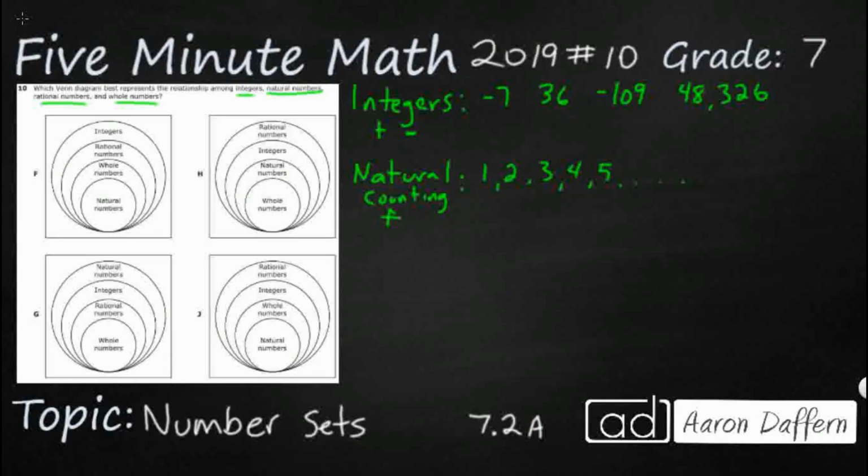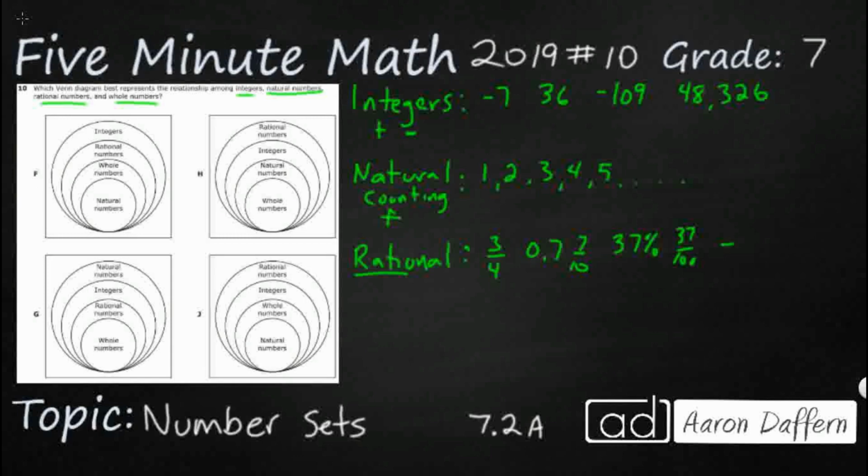Now, rational numbers are going to be our largest set. And look at that word ratio in here. So any number that can be represented as a ratio. So when I think ratio, I think fraction. So 3/4 is a rational number. But so is 0.7. That's a decimal, but I can represent that as a ratio of 7/10. 37% is also a rational number, because even though it's a percent, I can change that into a ratio of 37/100.